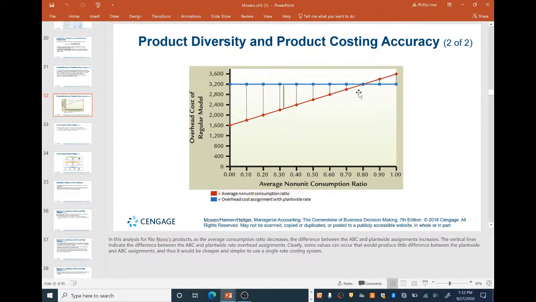Not saying that's where it would be, but just for this visual and line graph, that's what it's showing. So it would be cheaper and simpler to use a single rate costing system if that was the case. So this gives you a good little visual of how the variance can grow between the average non-unit consumption ratio and the overhead cost assignment being used with the plant-wide rate instead.